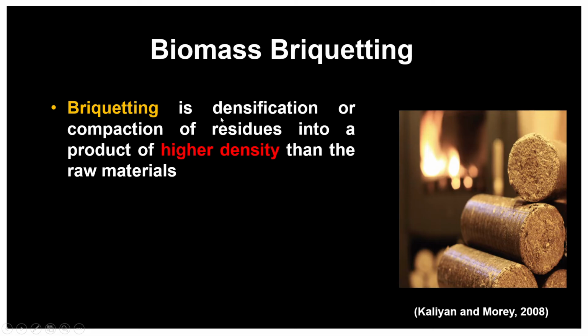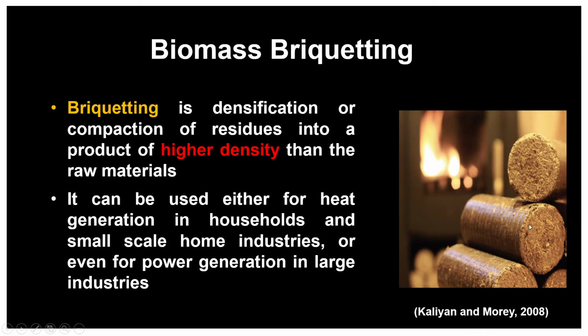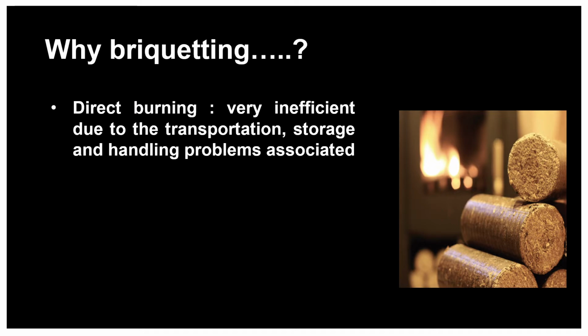So briquetting is the densification or compaction of residues into a product of higher density than the raw materials. An example is the cylindrical briquette. It can be used either for heat generation in households and small-scale industries, or even for power generation in large industries. Why we require briquettes is that direct burning of biomass is inefficient.